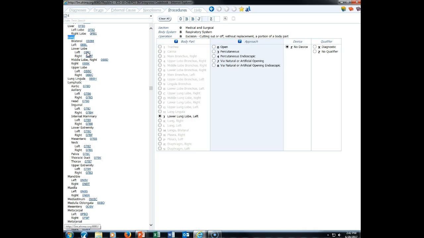So that takes us to table 0BBJ, and it was a bronchoscopy, so we know it was via natural or artificial opening endoscopic. There's no device, and it was diagnostic.